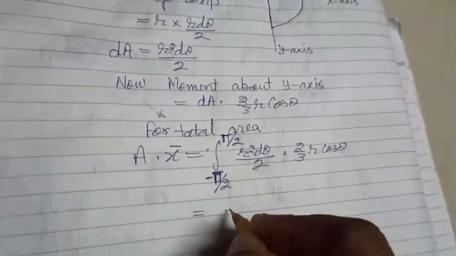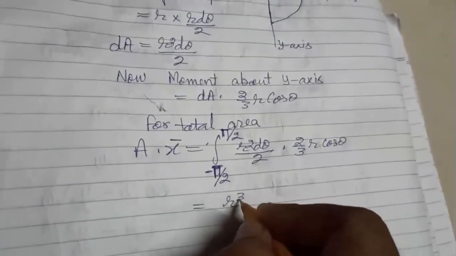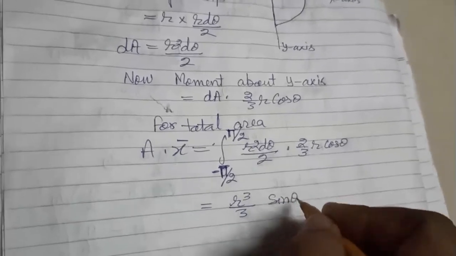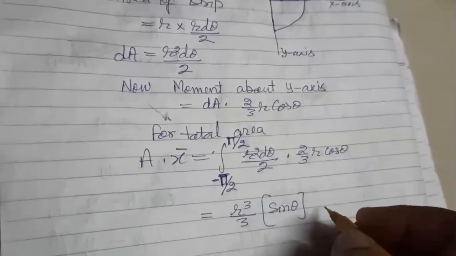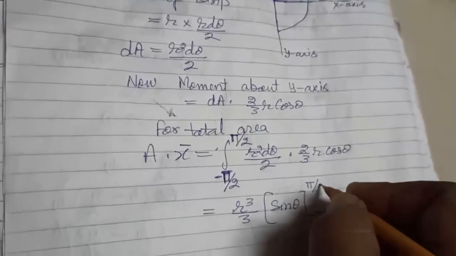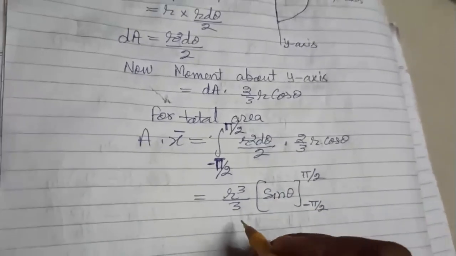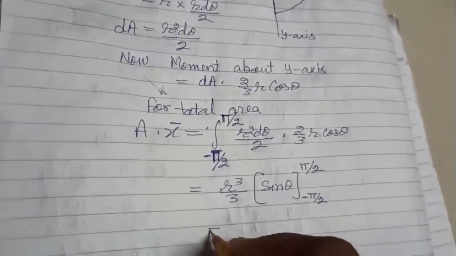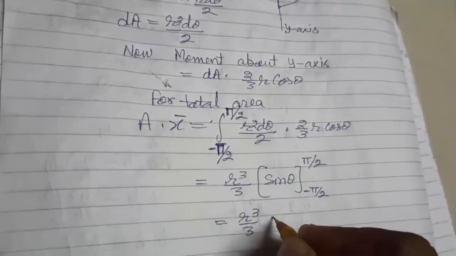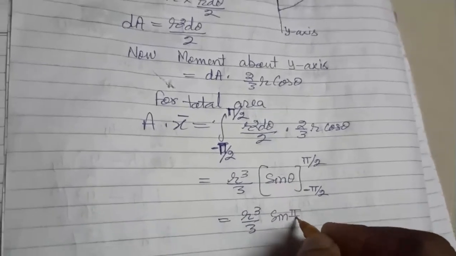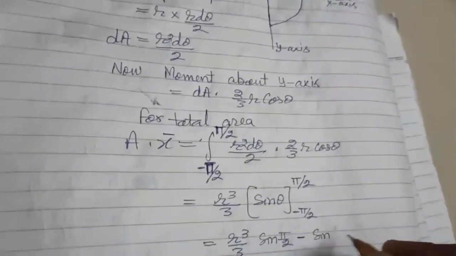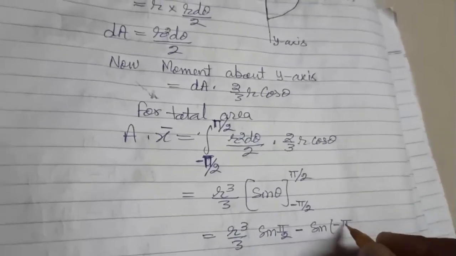and this will give you r cube by 3 sin theta, from minus pi by 2 to plus pi by 2. This will give you r cube by 3 into sin pi by 2 minus sin minus pi by 2.